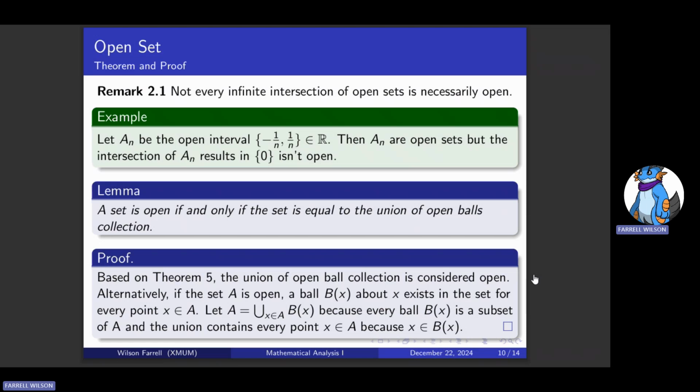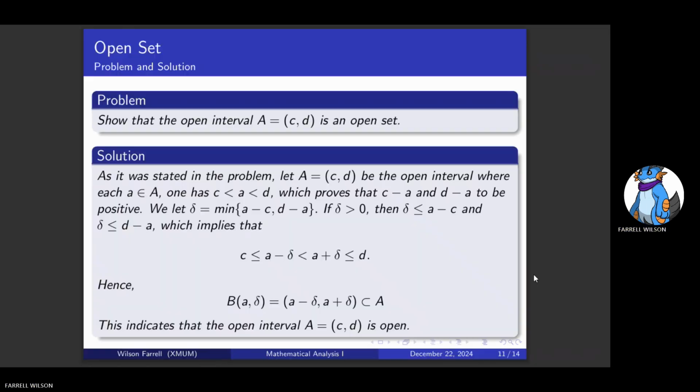Alternatively, if the set A is open, the ball about x exists in the set for every point x in A, and we let A be the union of the balls about x, because every ball is a subset of A, and the union contains every point x in A, because x is in the ball about x.